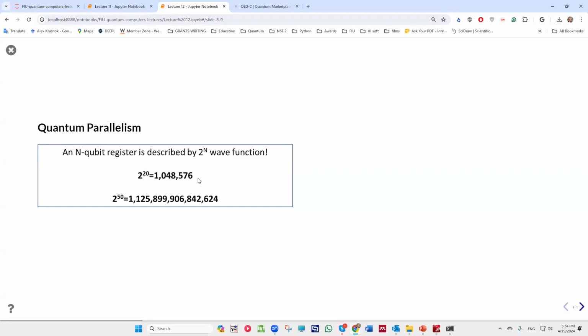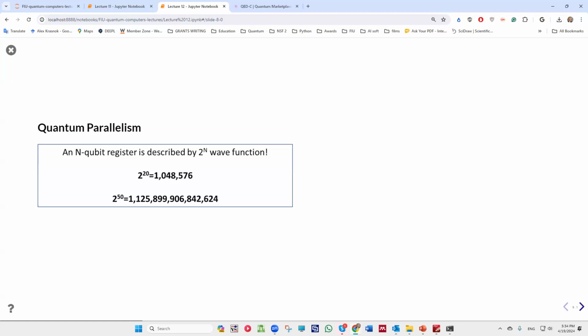Okay, so in input we have 50 integers, 50 zeros or ones. In the output, of course, we also have 50, but between this initiation and measurement, we get a colossal, huge number of computational basis states.